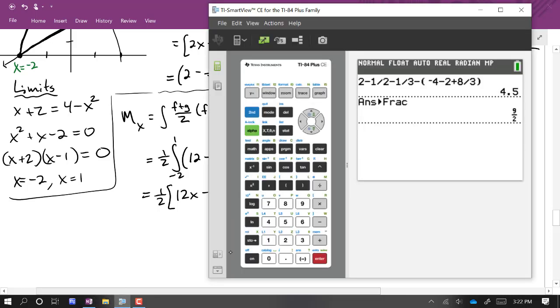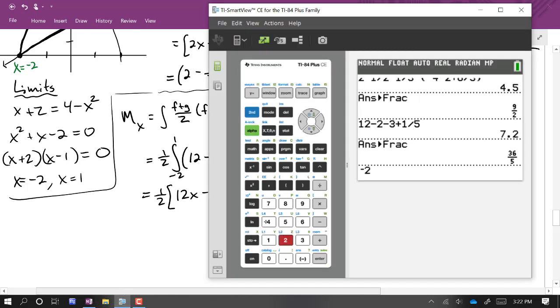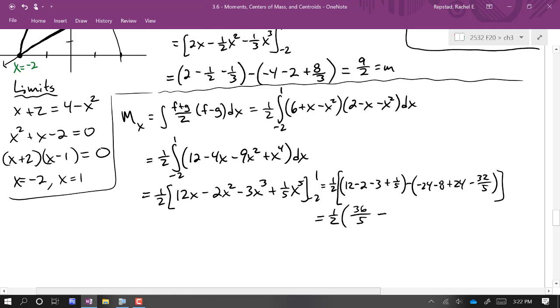And let's see, 12 minus 2 minus 3 plus 1/5 is 36 over 5 for the first set of parentheses, and then negative 24 minus 8 plus 24 minus 32 over 5 is a negative 72 fifths, which we're subtracting, so we'll add 72 over 5.